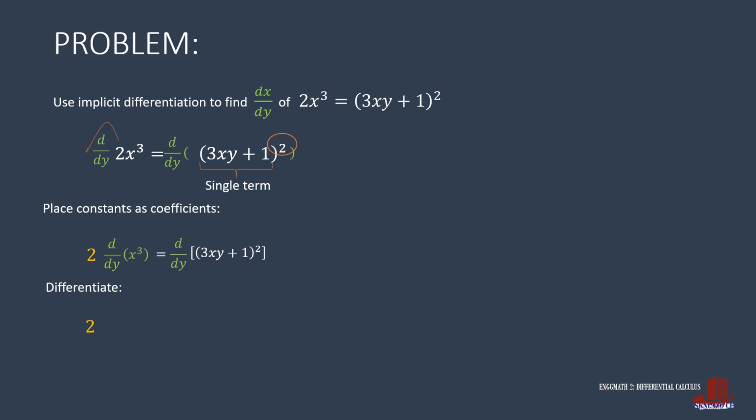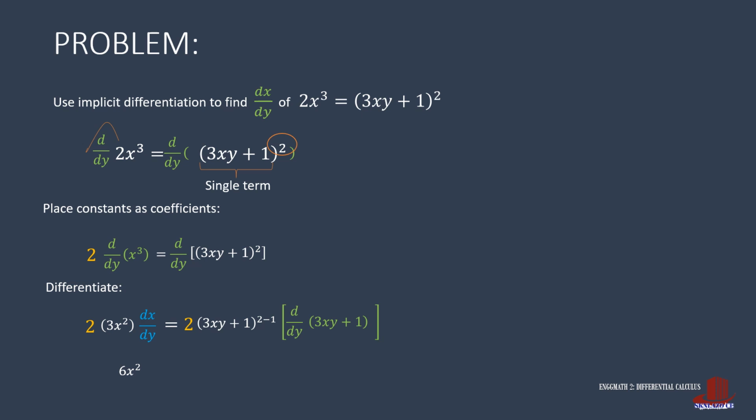With differentiation, the function then becomes 2 with the derivative of x cubed, and that is 3x squared. Then place dx over dy. Now use general power rule on the right and take the exponent 2 as a coefficient. Next is to have the same binomial with its exponent minus 1, and then attach the derivative of the binomial.